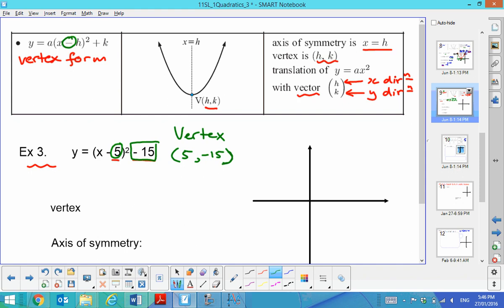That means compared to a normal x squared function, there's been a translation of 5 units in the x direction and minus 15 in the y.